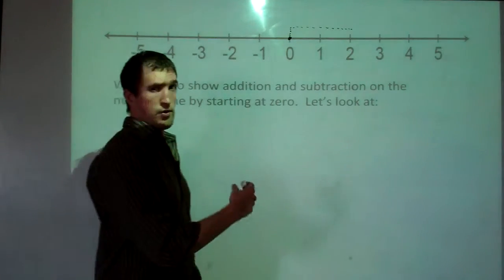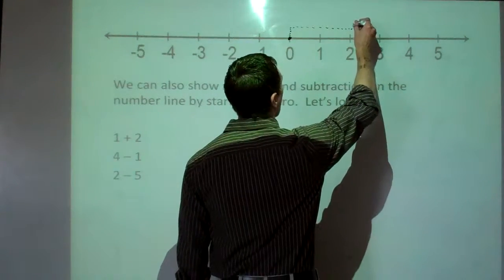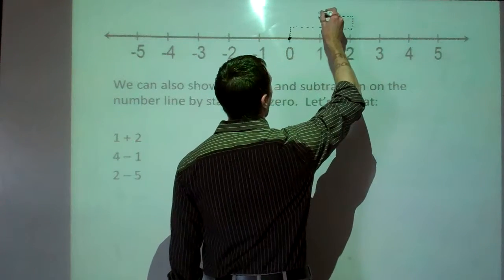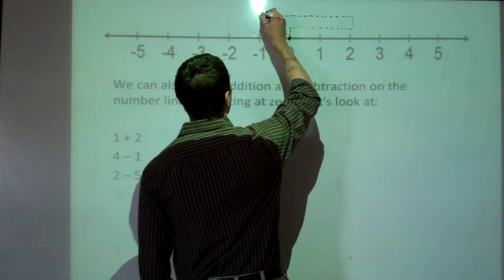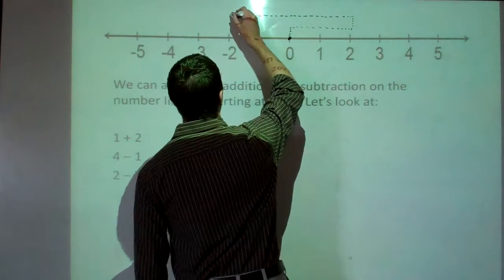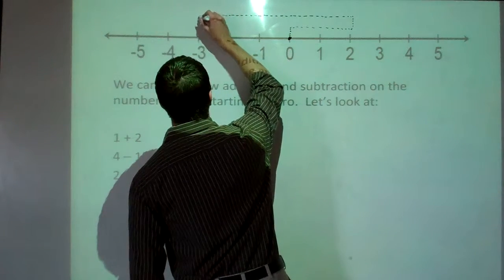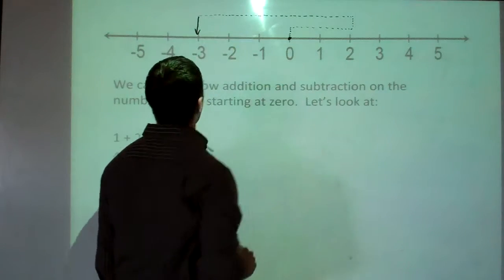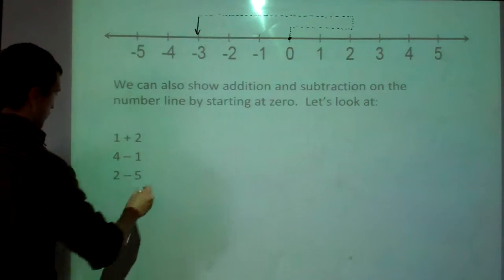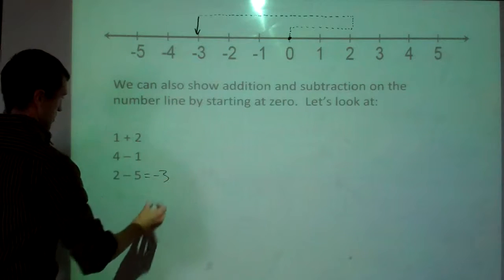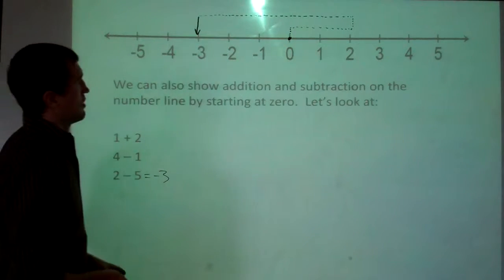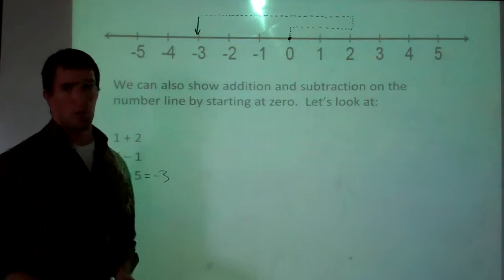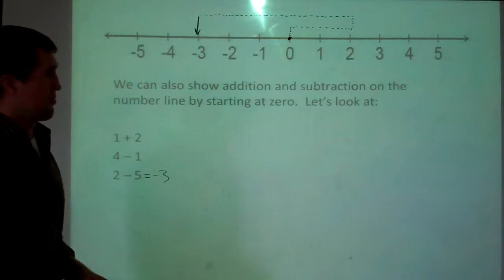So we're going to go 5 units to the left. 1, 2, 3, 4, 5. And we end up at negative 3. Alright? So that is how we do addition and subtraction on the number line.